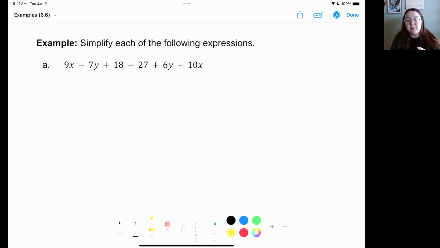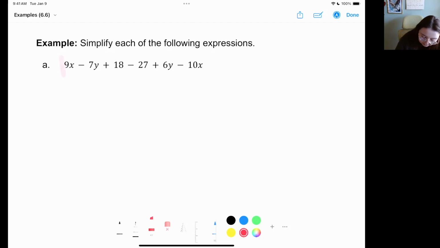So we definitely realize that in our whole expression here, there is an x, there is a y, and there are numbers by themselves. So what we're going to do is highlight our like terms so we can identify which ones will be combined.